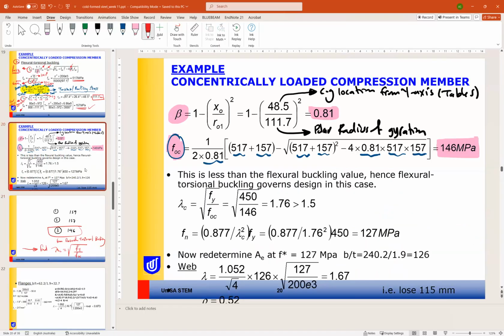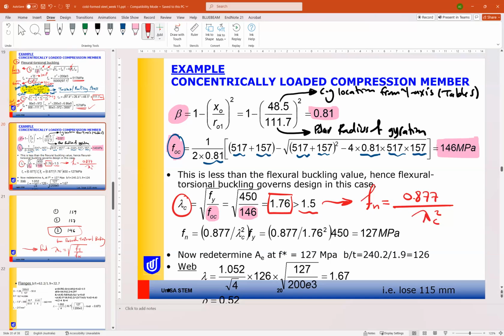So after we got this case, FOC is now 146. So now we can find lambda c, the slenderness ratio, equal to 1.75. More than 1.5. So this means that our Fn value is equal to 0.877 divided by lambda c squared, all multiplied by F yield.